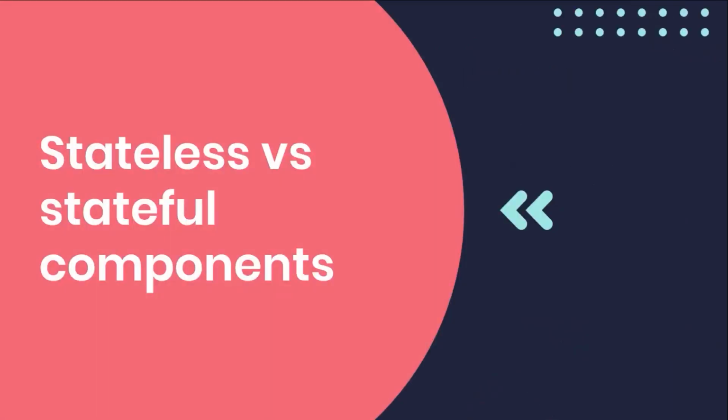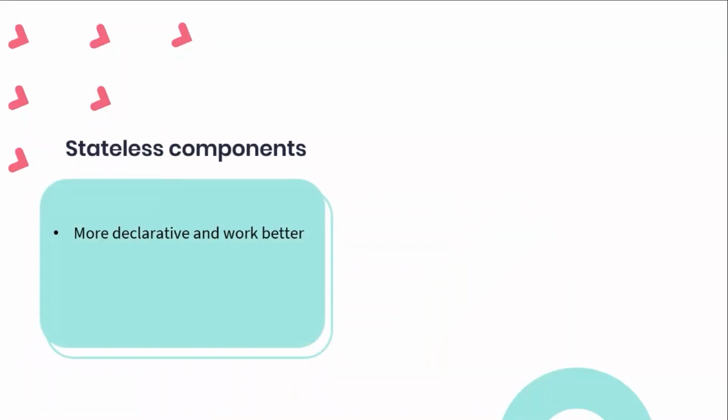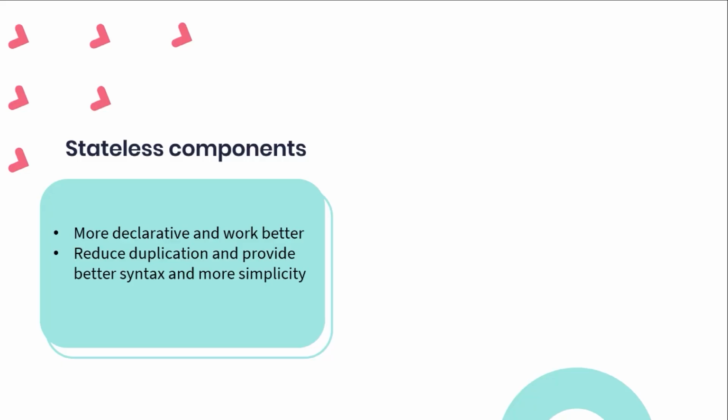And you might be wondering, why would you use stateless components rather than stateful ones? They are more declarative and work better when all you need to do is render some HTML without creating a backing instance or lifecycle components. Basically, stateless components reduce duplication and provide better syntax and more simplicity.